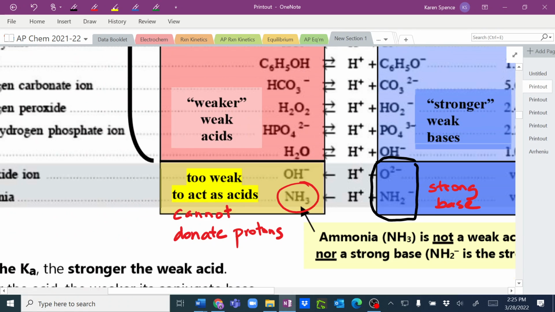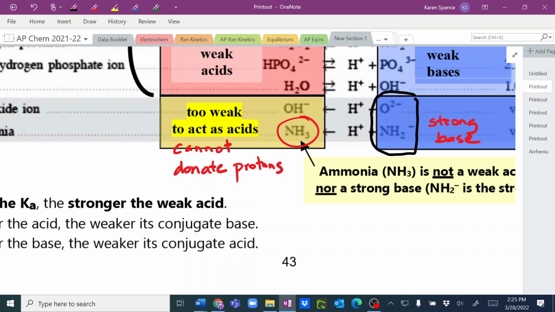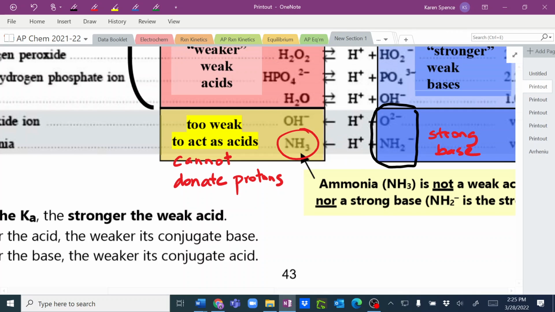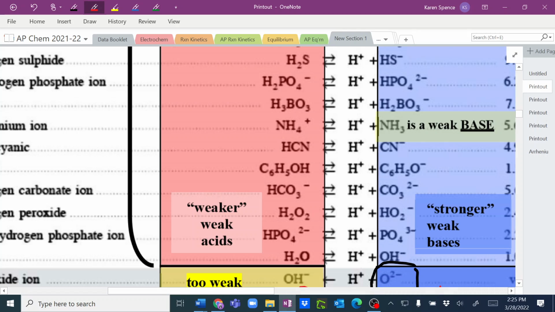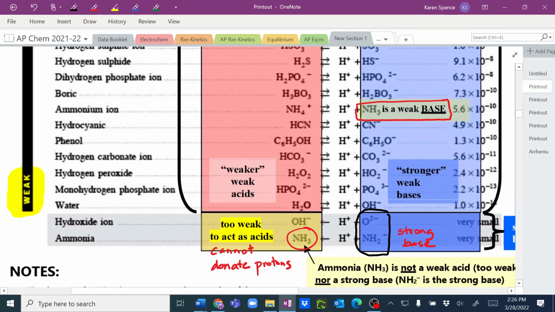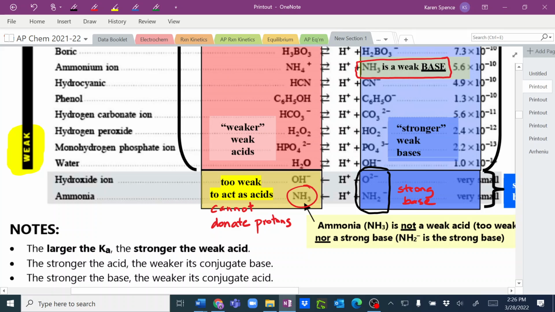It is the weakest acid we could have. It's so weak it can't even act as an acid. Ammonia is a weak base. I will say that a lot because people always seem to forget. They seem to think, oh, look, it's a weak acid because it's on the weak acid side, but it's too weak to act as an acid. It's a strong base because it's down in the gray section, but it's on the wrong side of the table. Okay, so just remember all of that. Ammonia is a weak base.